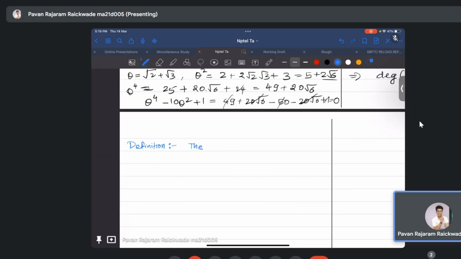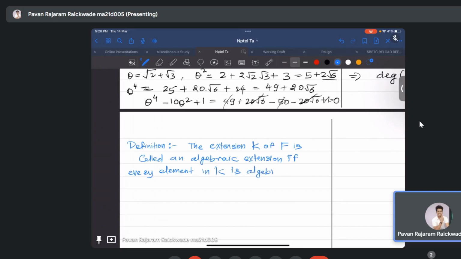The extension K of F is called an algebraic extension if every element is algebraic over F. So what's the definition?